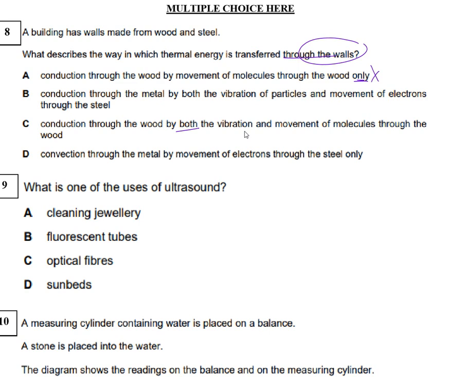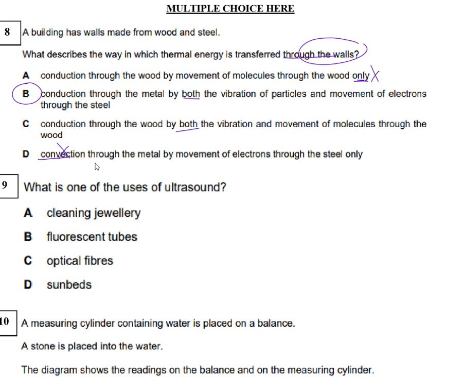Convection, I don't think that's correct. So the only one that makes sense is conduction through the wood by vibration of the molecules, and conduction through the steel metal by both vibrating particles and movement of electrons through the steel. It has to be B in this case.